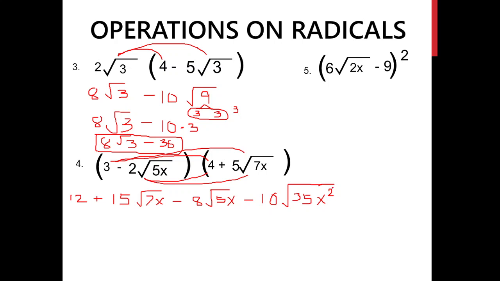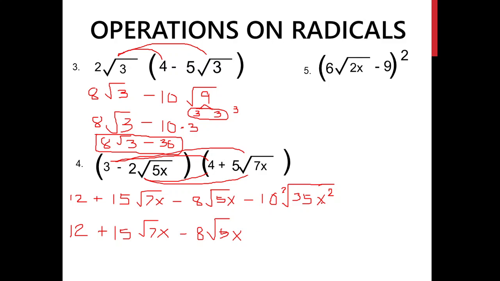Okay, on our previous topic, simplifying variables, all we need to do is to divide the exponent by the index here. So 2 divided by 2 here is equal to 1. Then x will come out of the radical sign. So let's go ahead and write the final answer here. So you have 12 plus, we do not have any similar radicals here, so there's nothing to combine, only simplifying terms.